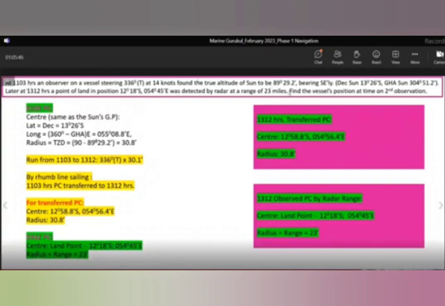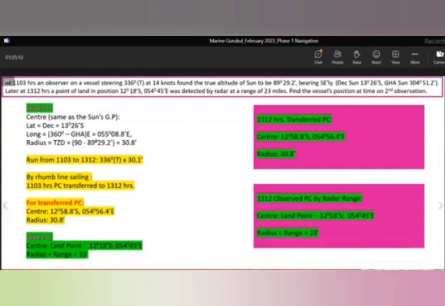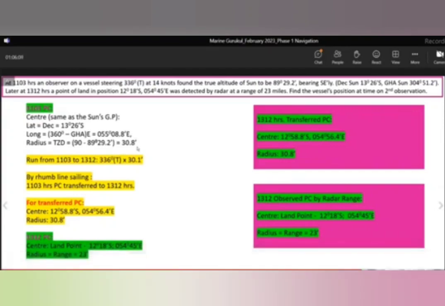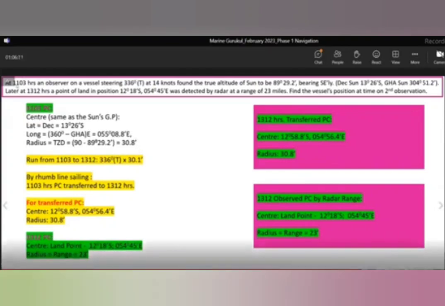You see, at 1103, we obtained a high altitude observation. High altitude observation gives us a position circle. Agree? Yes, sir. We obtained the center of that circle. The center came to be 13 degrees 26 minutes south, 055 degrees 08.8 minutes east, and radius came out to be 30.8 miles. This is for 1103, correct, beta? Yes, sir. Now from 1103 to 1312, the vessel has moved on a course of 336 at a speed of 14 knots.